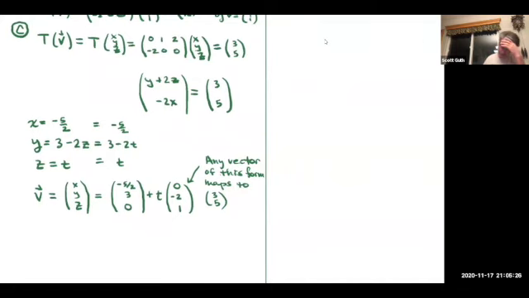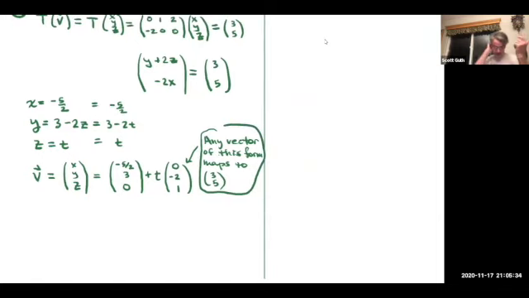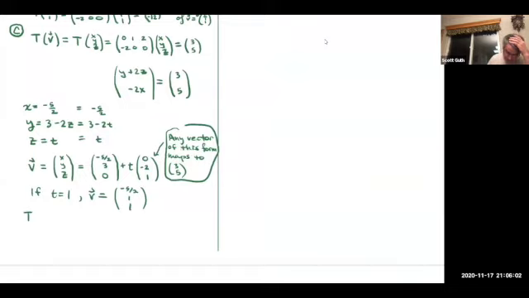So should I prove that to you? So for example, let's say t is 1. So if t is 1, then v will be negative 5 halves, 3 minus 2 is going to be a 1, and then 0 plus 1 is 1. Okay. And then if you do T of v, this would be A times v.